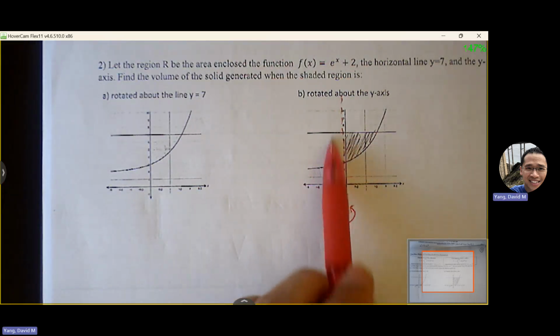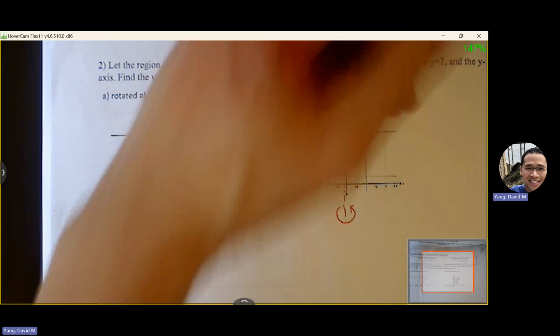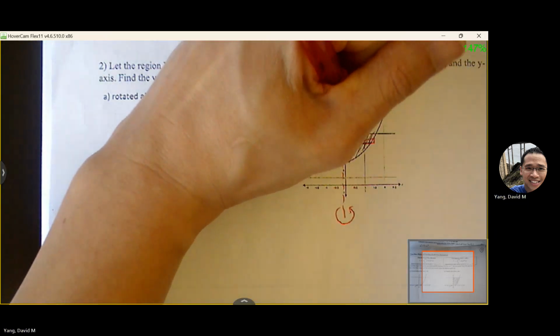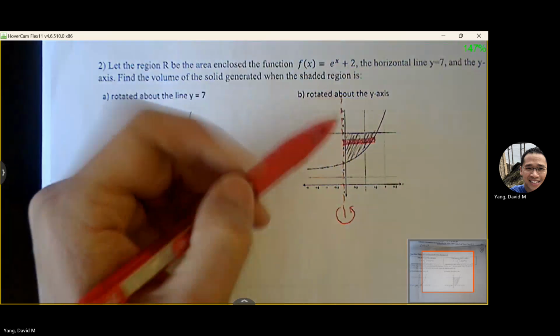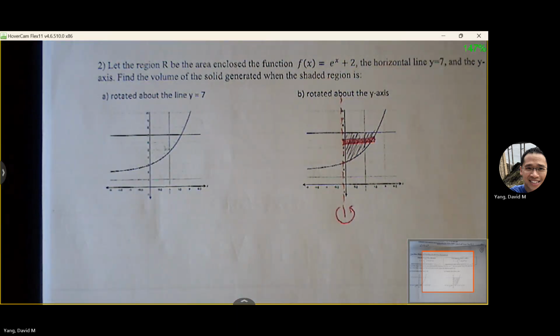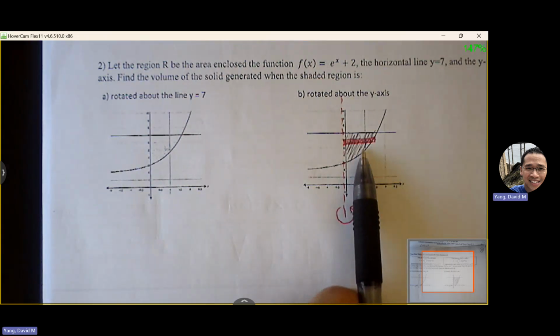Flat surface up against dotted line, there's no gaps, there's no holes. This method. Horizontal radius, we know we've got to spend some time.